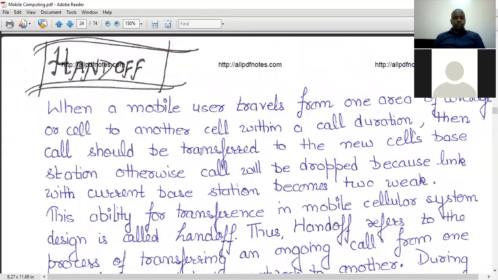So what is handoff? We said in the other class, when we were talking about the connection procedure, when you switch on a phone, that handoff is the handing over of control of a frequency from one base station controller to another.